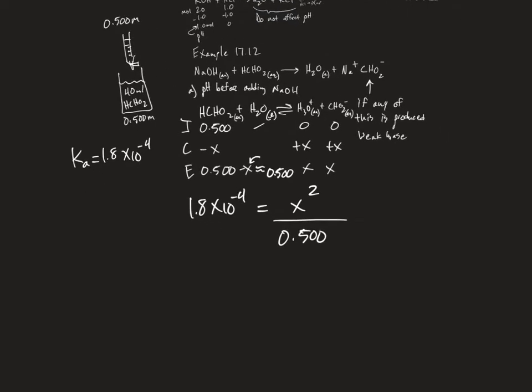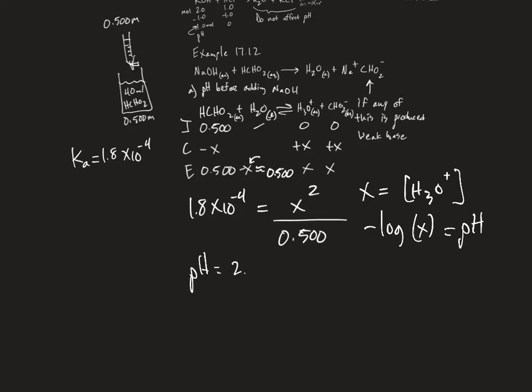Once we solve for X, we should do some math here, shouldn't we? But to save time, once you get X, X equals the H3O plus concentration. Take the negative log of X to get the pH. And our pH is 2.02.